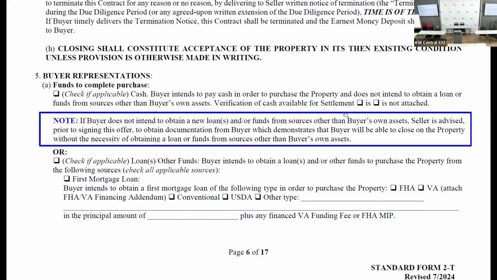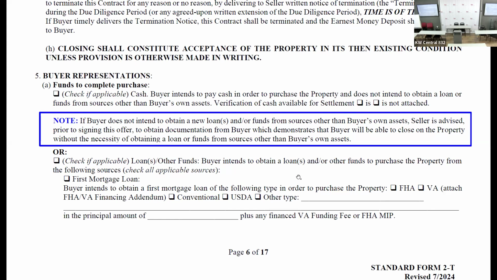It is a material fact whether the buyer is able to fully close on the property. And this is also information that the seller is relying upon, whether they want to consider the offer or not.